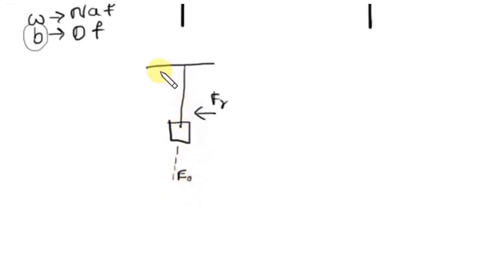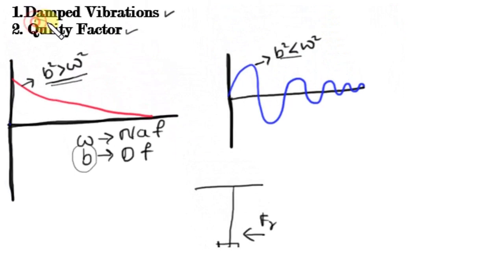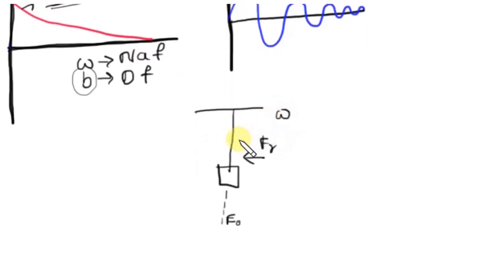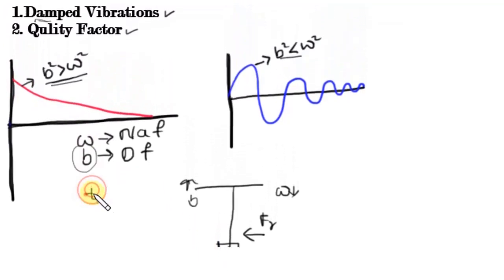While discussing damped oscillation, in the first condition omega square is the natural frequency and b is the damping frequency. When the damping frequency is greater than the natural frequency, the system will attain the equilibrium position slowly with respect to time.